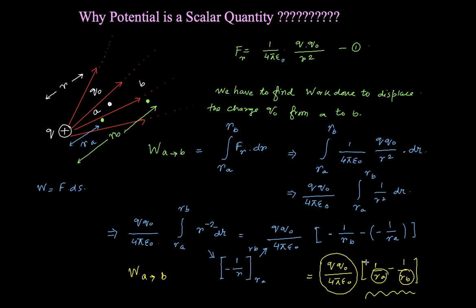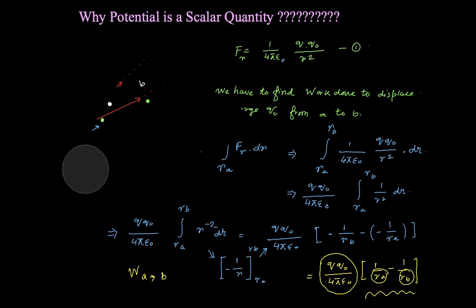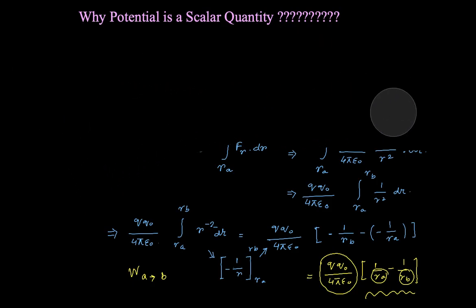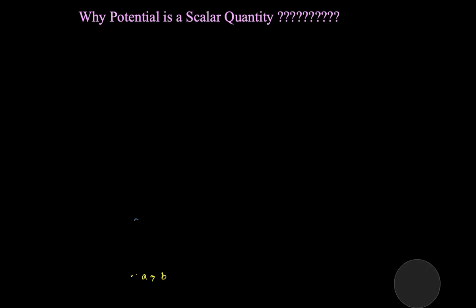Now another thing may arise in your mind. Let me erase this now. You can say, sir, this is the radial field, and the charge is displaced from A to B along a straight line. Now we take another case: a positive charge q, and we can draw the radial field lines like this.